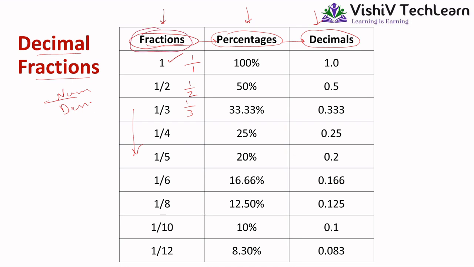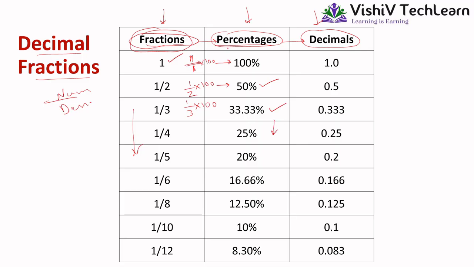In the second column we are representing those same fractions in terms of percentages. For example, 1 upon 1 into 100 gives 100%. 1 upon 2 into 100 gives 50%. 1 upon 3 into 100 gives 33.33%, and so on.